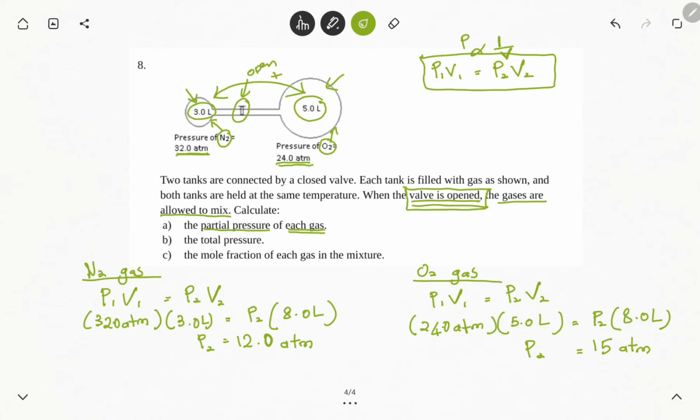Then for B, calculate the total pressure. For A, we used Boyle's law, where the pressure changes when the volume is changed. For B, to calculate the total pressure, we use the concept of Dalton's law of partial pressure. Dalton's law states that the total pressure of a mixture of non-reacting gases is equal to the sum of the pressures that each gas would exert if it were present alone.